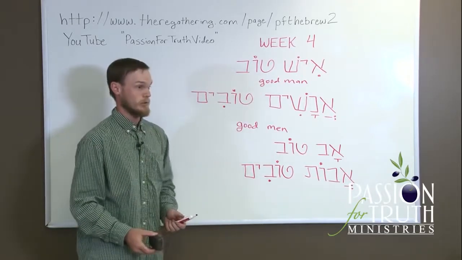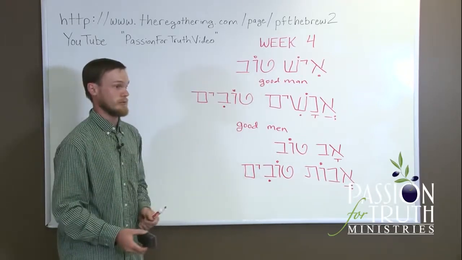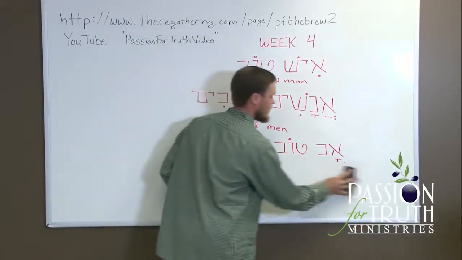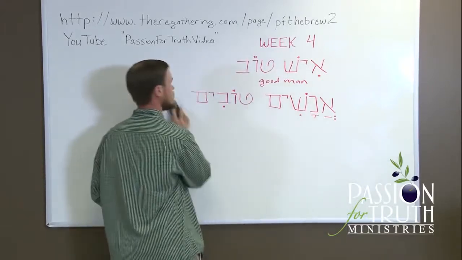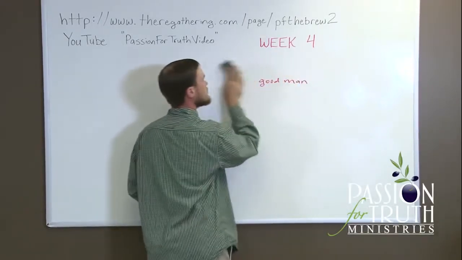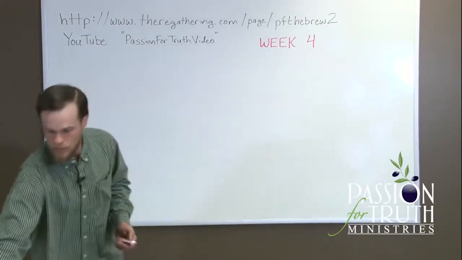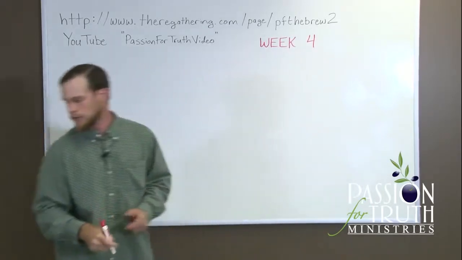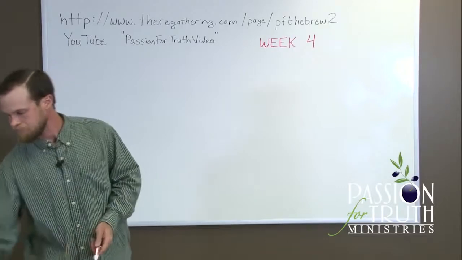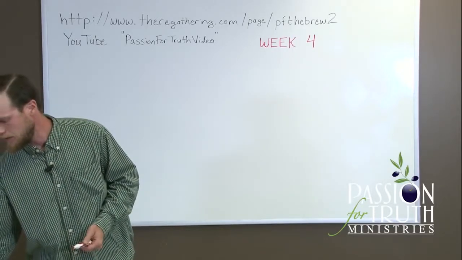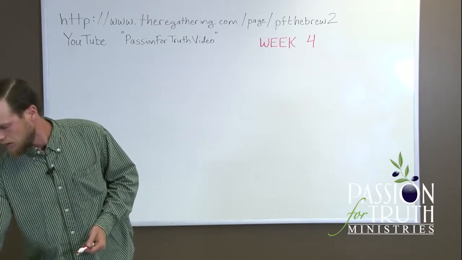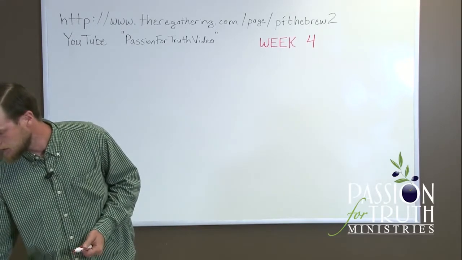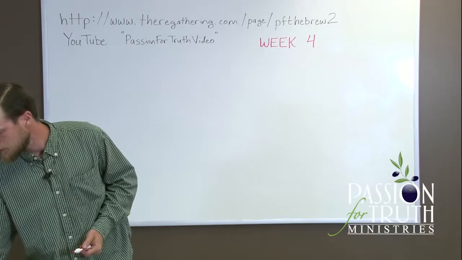And the feminine plural follows the same rule as the masculine plural. So if we were to speak of, using our example, well, let's not use that one. Let's use, instead, a different feminine noun to make it a little bit easier.